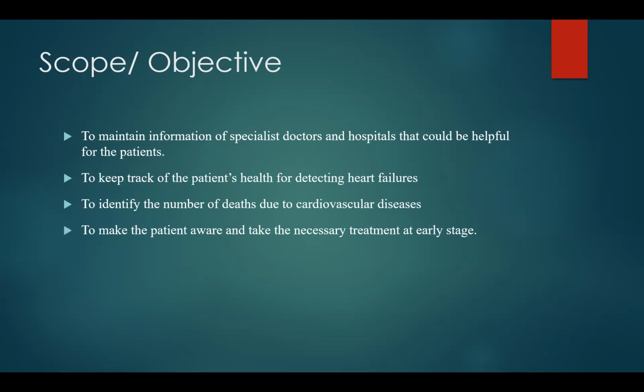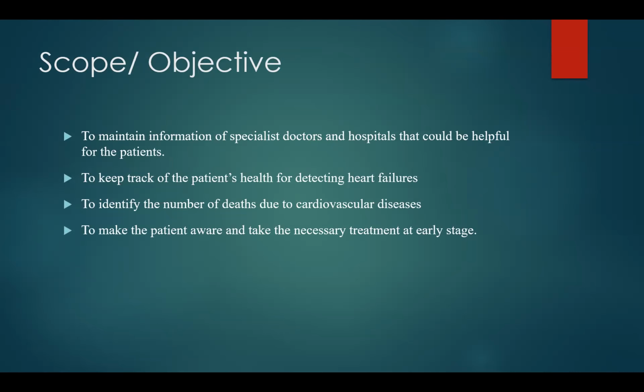So now moving on to the scope and objective. The main scope and objective was to maintain information of all the doctors and the hospitals that would be helpful for the patients. The next one is to keep track of all the patients' health for detecting heart failures.